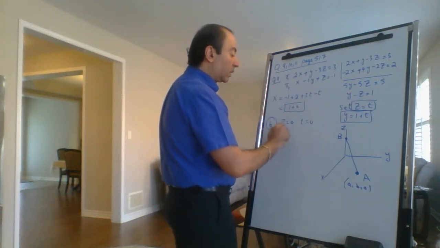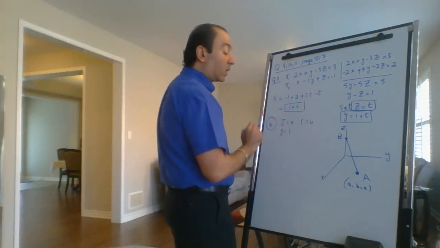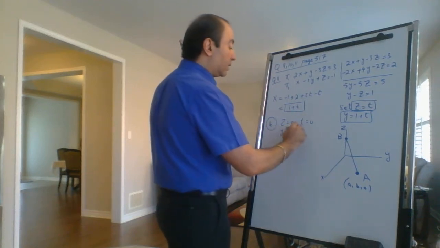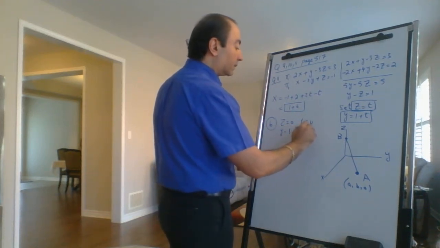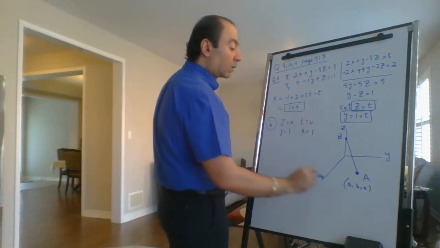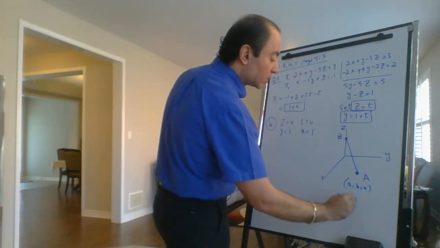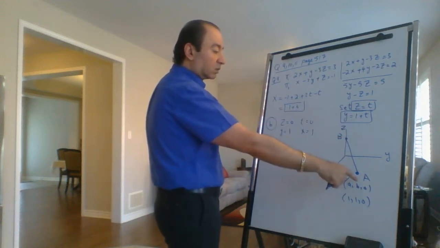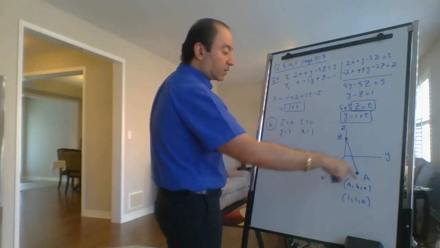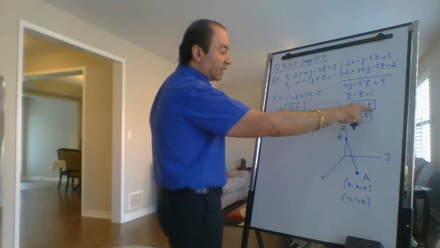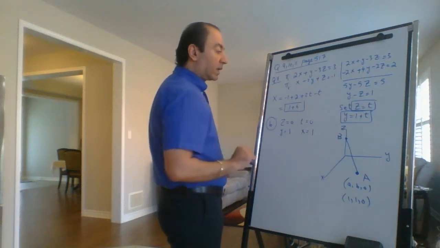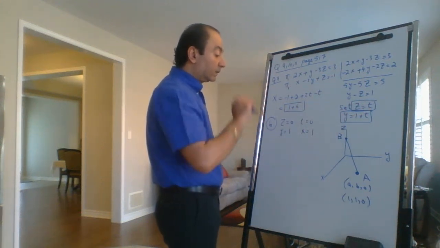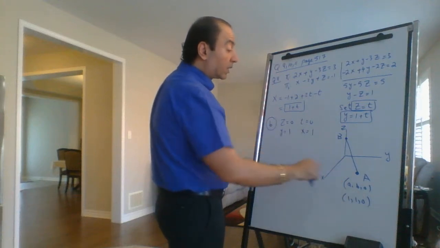So y will equal 1 plus 0, which is 1, and x will be another 1. So the coordinates of this point are 1, 1, and 0. Z is 0 because it lies on the xy plane, t is 0, and I found x and y of the point. Now I know the coordinates of this point.